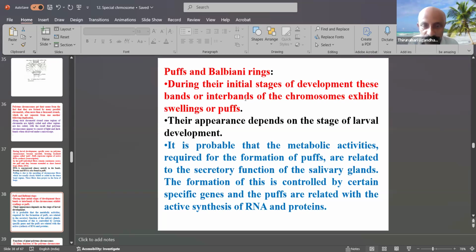So there is a probability that metabolic activity is required for the formation of the puff. Therefore, the puff is a special part which can increase in size and also perform the secretory function of the salivary glands. The formation is controlled by certain specific genes, and the puffs are related with the active synthesis of RNA and protein.